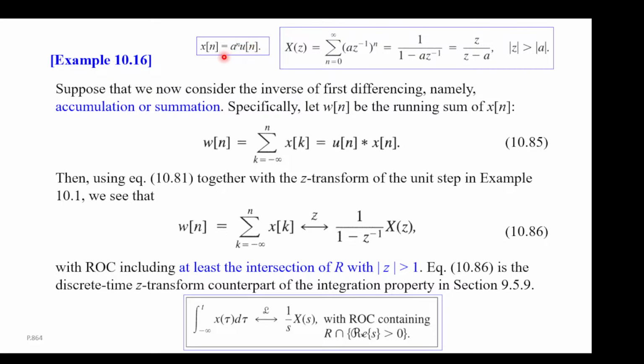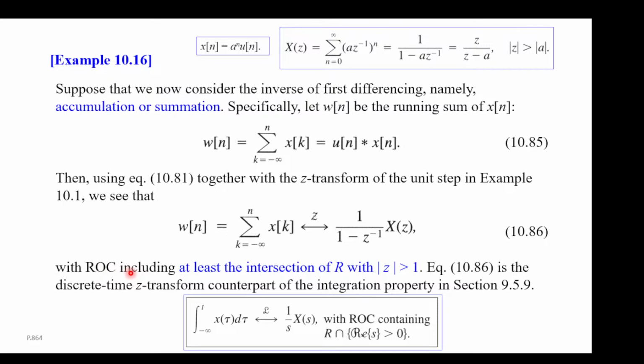If you take a to the n u of n with a equal to 1, this is just x of n equal to u of n, and then you have 1 over 1 minus z to the minus 1. So we know the z transform of u of n is just 1 over 1 minus z to the minus 1.